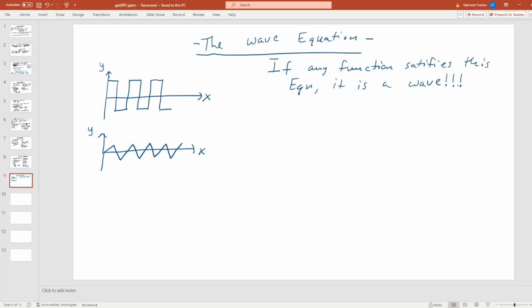If any function satisfies this equation, it is a wave. And the equation looks like this.